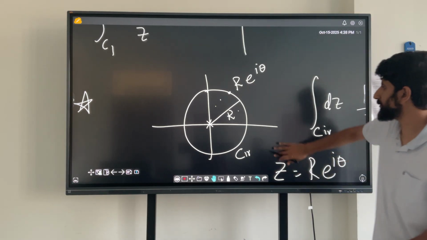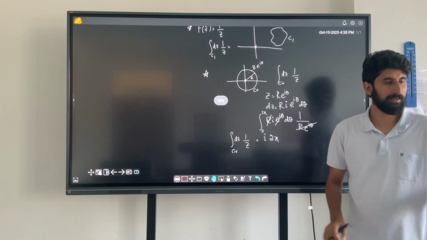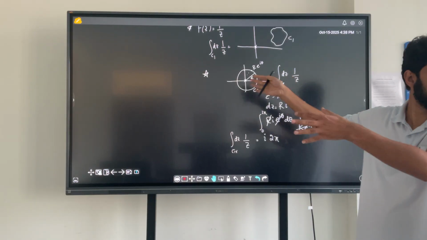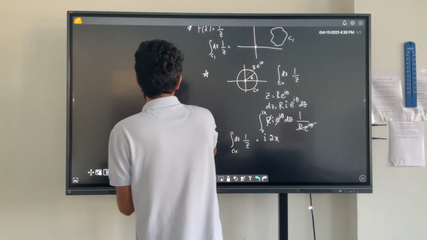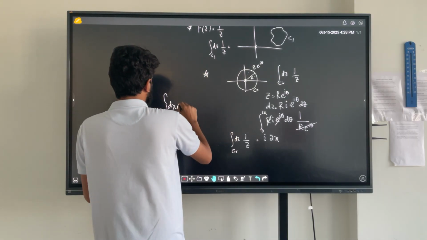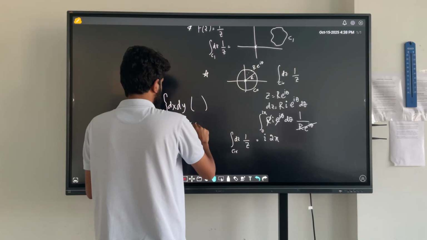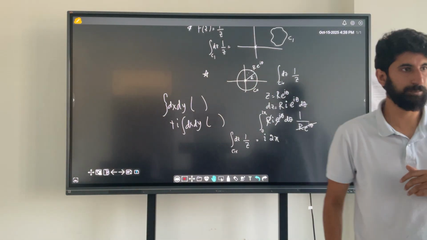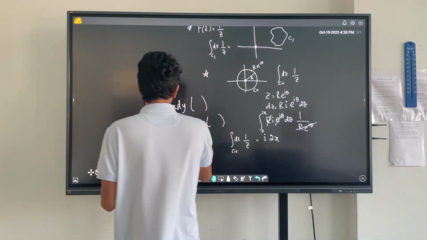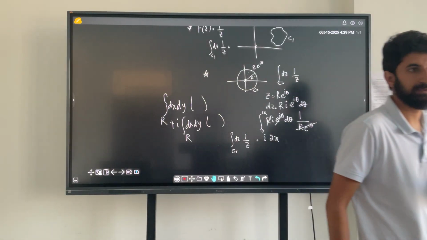See, there are two ways to do this integral. One is what we did, 2π. Another is I just use Green's theorem. But that tells me that you have to integrate dx dy of something plus i integral dx dy of some other thing, that thing that we had above. Over the circle region.